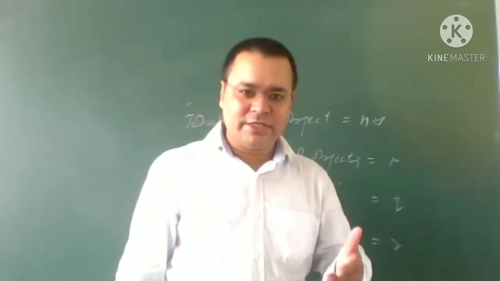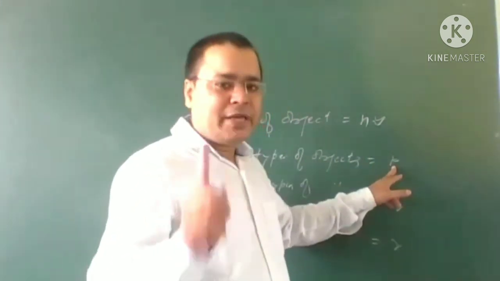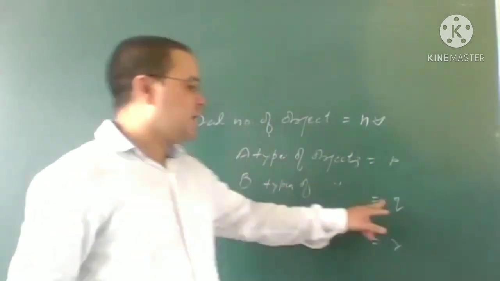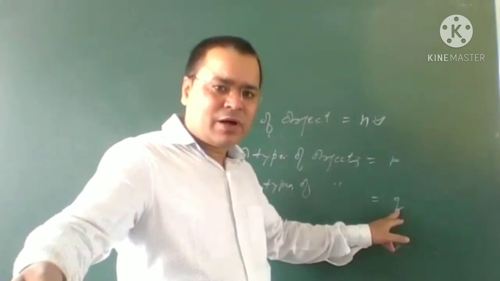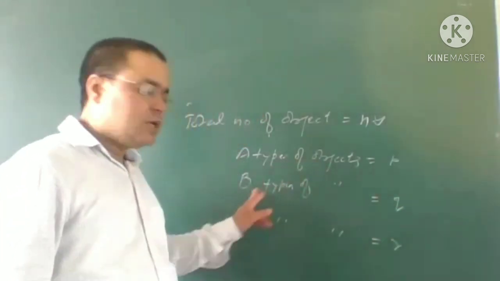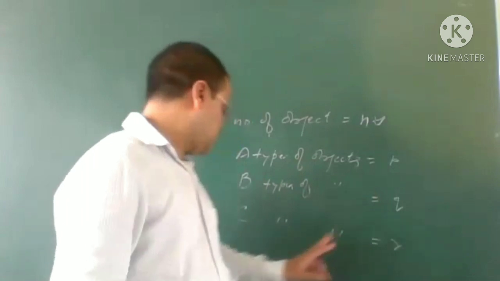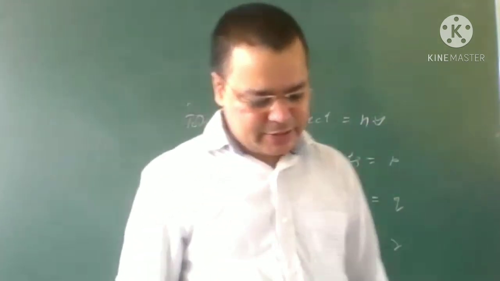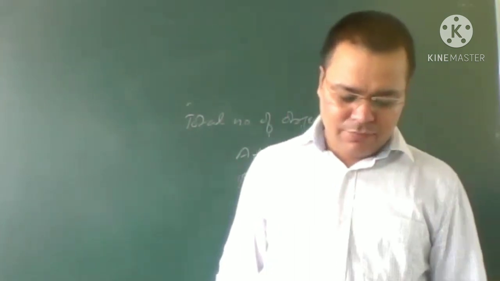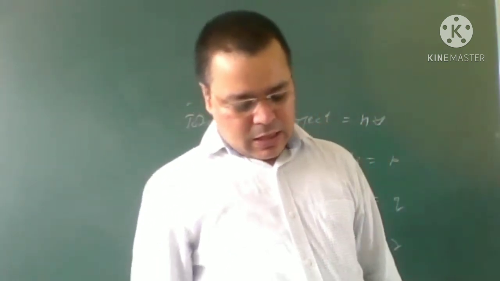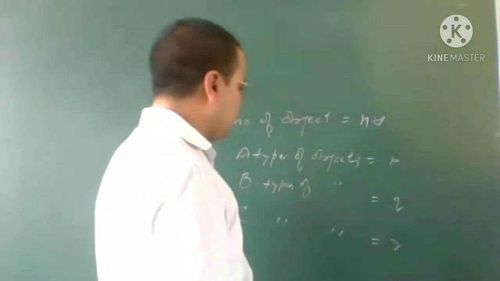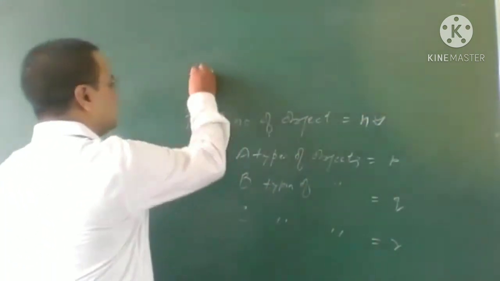In n objects, there are P objects similar, which is A type. There are Q number of objects, B type. There are R number of objects, C type. So in that case, the total number of possible permutation means required permutation.